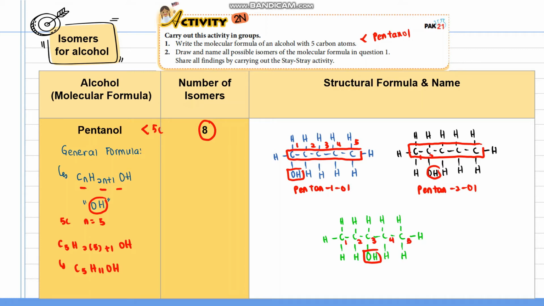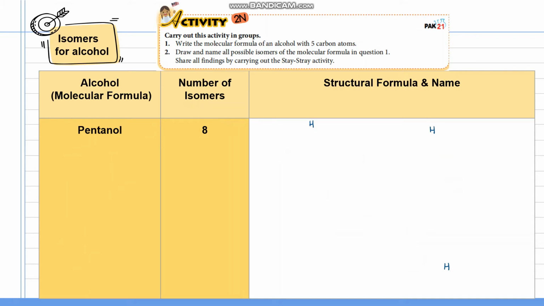Here the hydroxyl group is on carbon number 3, so we name it pentan-3-ol. These three are the simplest ones, whereby we only switch the position of the hydroxyl group. Moving on to the next slide.